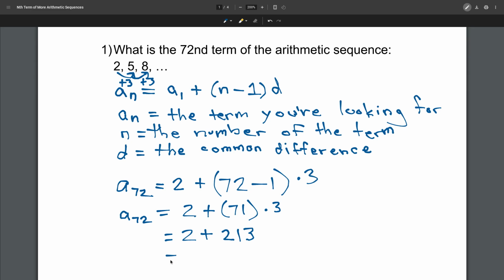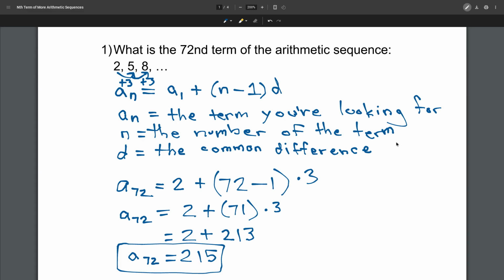Okay, so our solution here, a sub 72, is going to equal 215. Okay, so that's the value of the 72nd term.